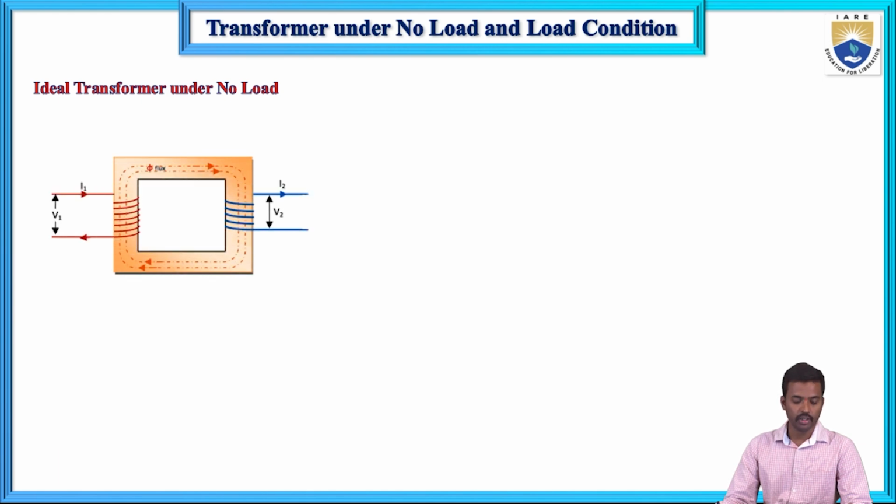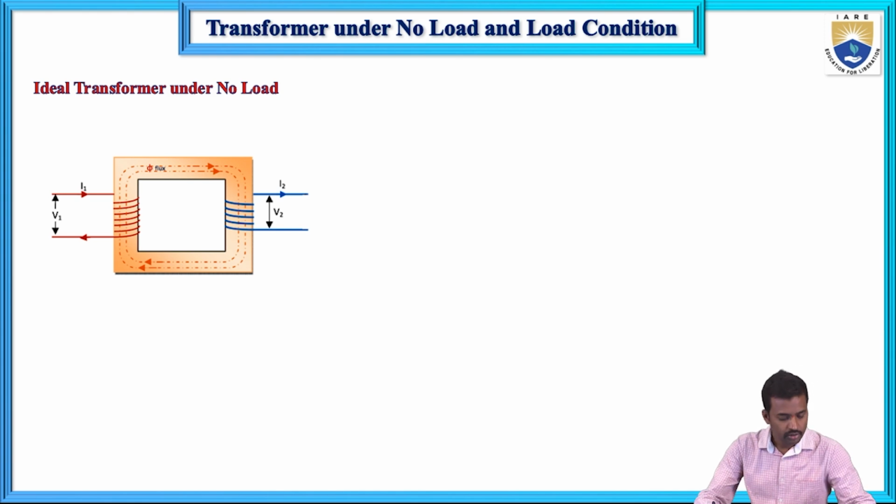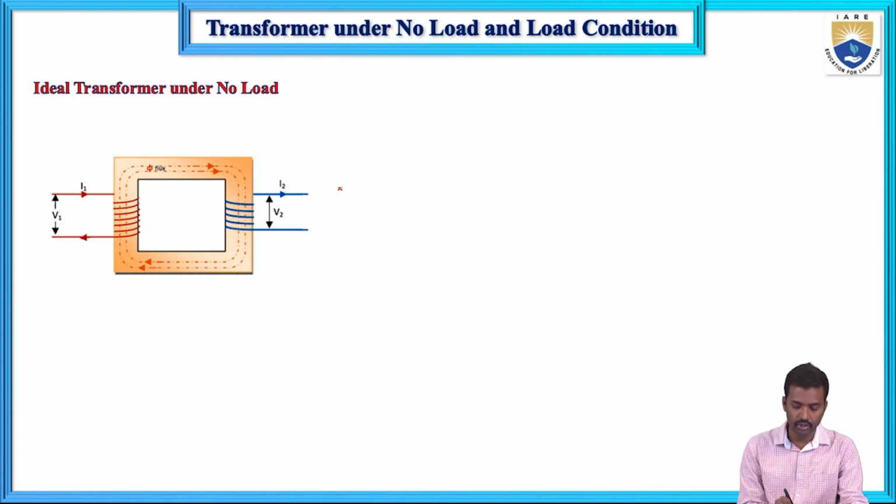Ideal transformer under no load condition means there is no load, it is open circuit. See this diagram. Here V1 is the supply voltage, and if you give the V1 voltage to this primary winding, I1 current flows in it, and induced EMF E2 will be developed in the secondary winding, and this is E1.